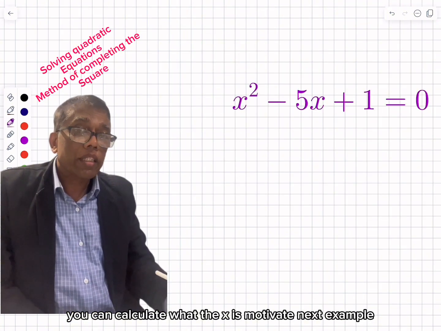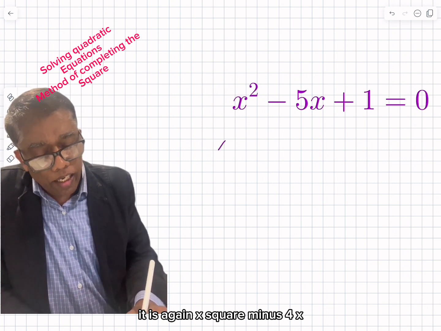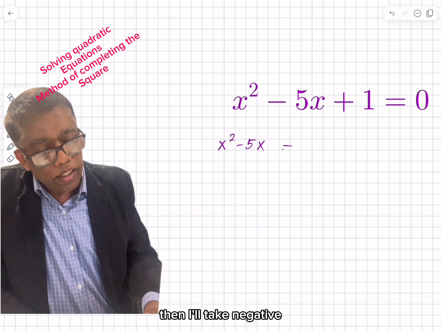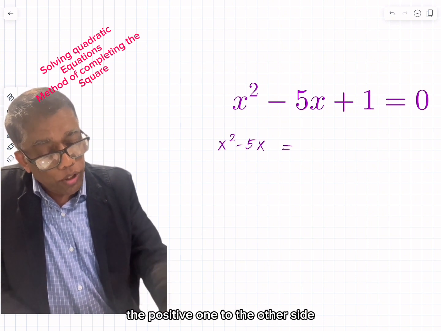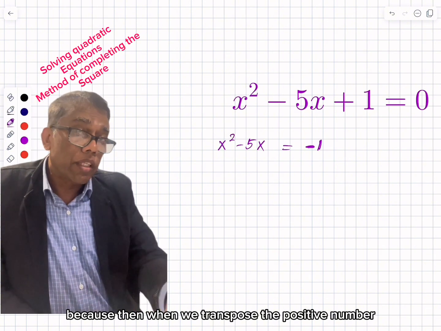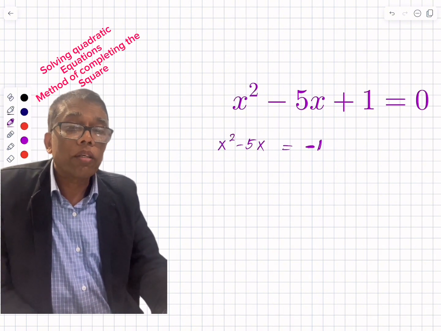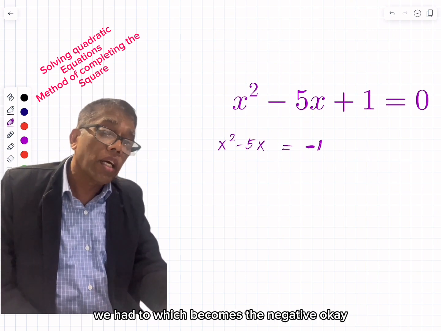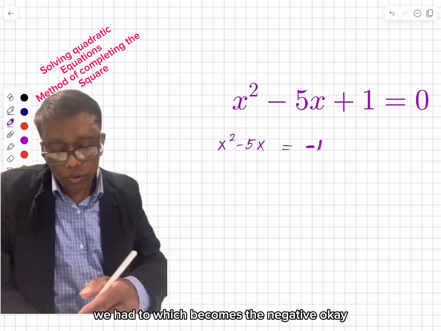Move to my next example. It is x square minus 5x plus 1 equal to 0. Then I'll take the positive 1 to the other side, which becomes negative 1, because when we transpose the positive number from the left hand side to the right hand side, it becomes negative.